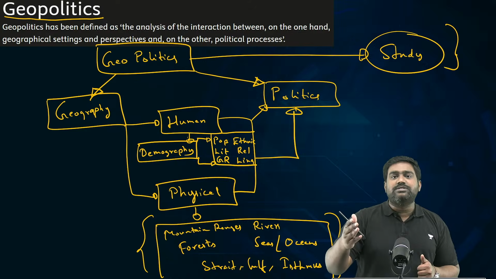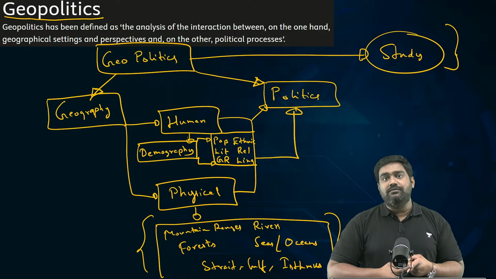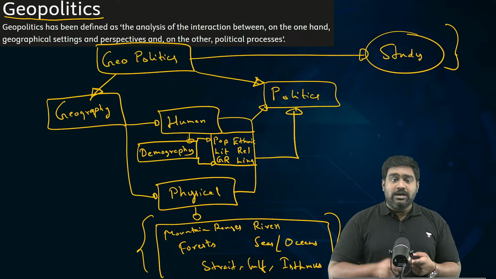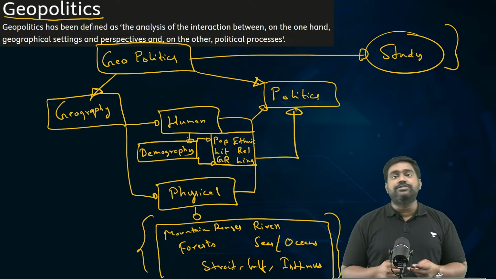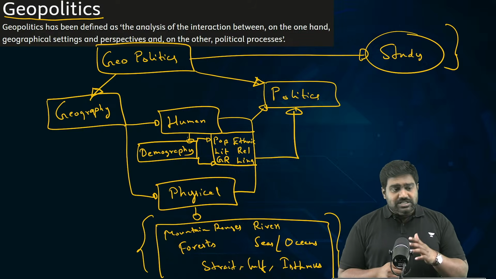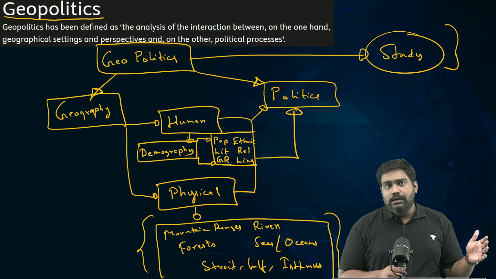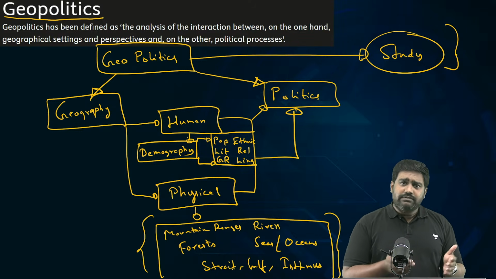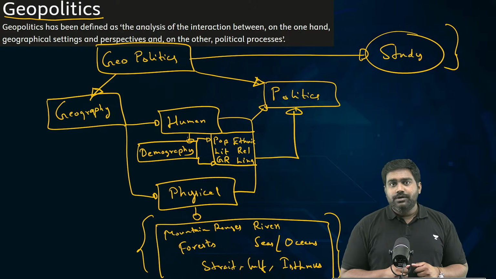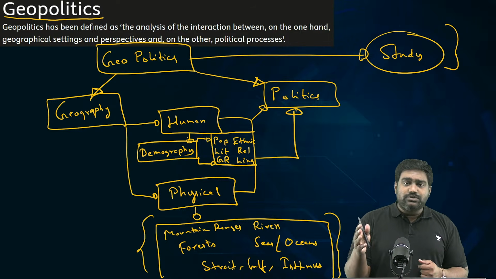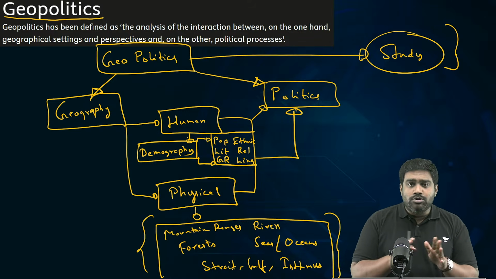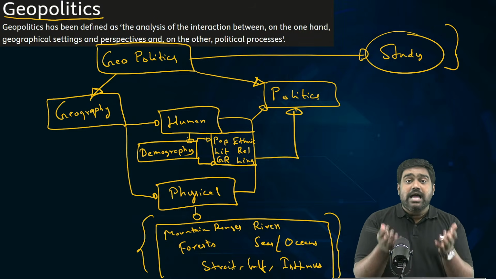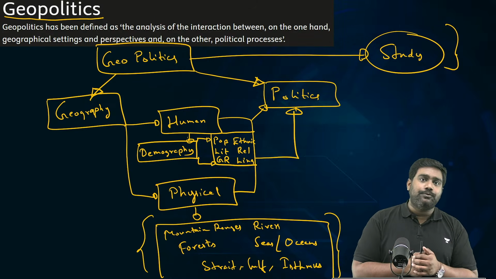When you have access to seas and oceans, you can trade with faraway parts of the world. You can go on expeditions, reach other countries, get raw materials, find new markets. So those countries which have a large coastline have a natural economic advantage. Similarly, those countries which are landlocked, which are surrounded by land on all sides, which do not open to any sea or ocean, have a natural economic disadvantage.